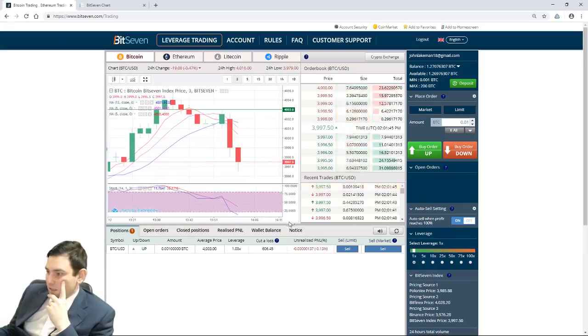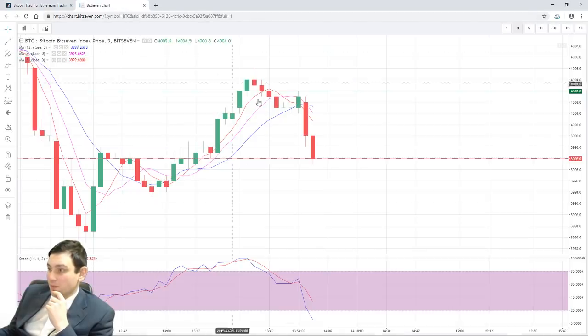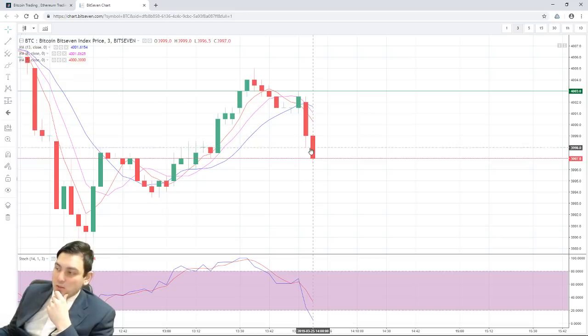By the way, guys, those of you who don't know, here you have an automatic cut loss level. And it is pretty big in case you use 1x leverage like me right now. So you don't have to be worried about that scenario when the price suddenly has a big movement in the opposite direction.